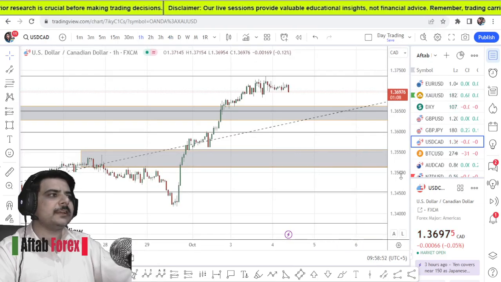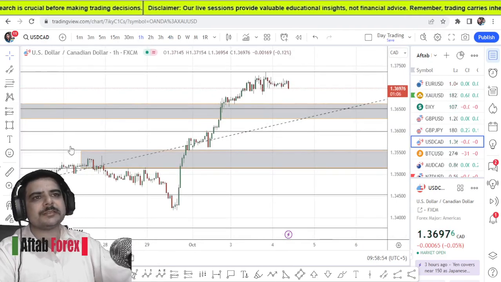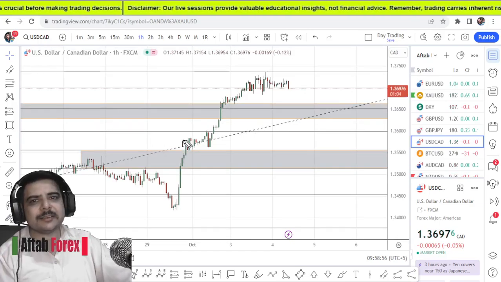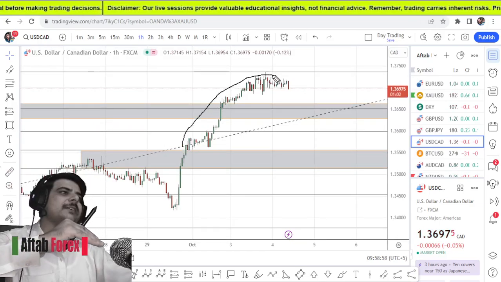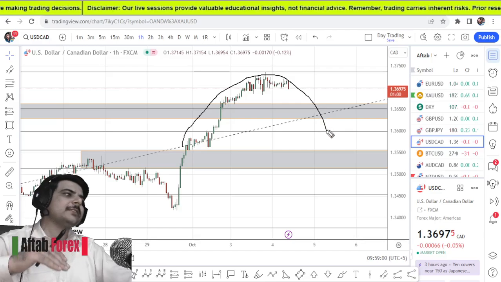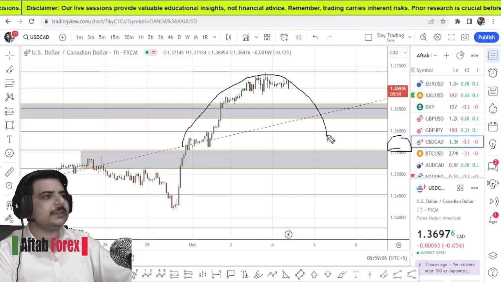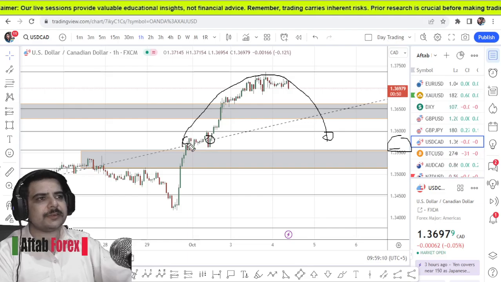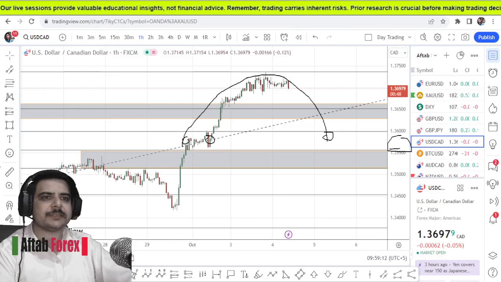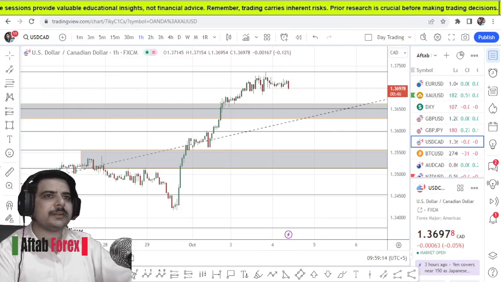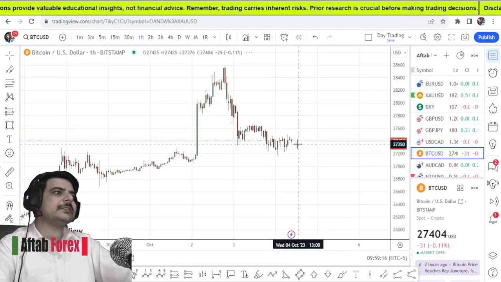If you see, the market is kind of like a curvy shape, curve like this. So 1.35500 is the support. Some intraday opportunities can be taken right here, and this is it. Bitcoin, I have discussed it on my regional channel.